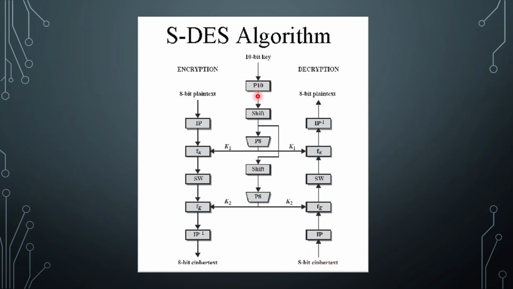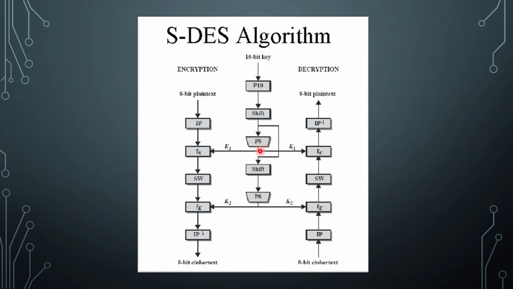In key generation we have P10 and P8. Firstly we take P10 and then do a left circular shift. After that we do the operation with P8.